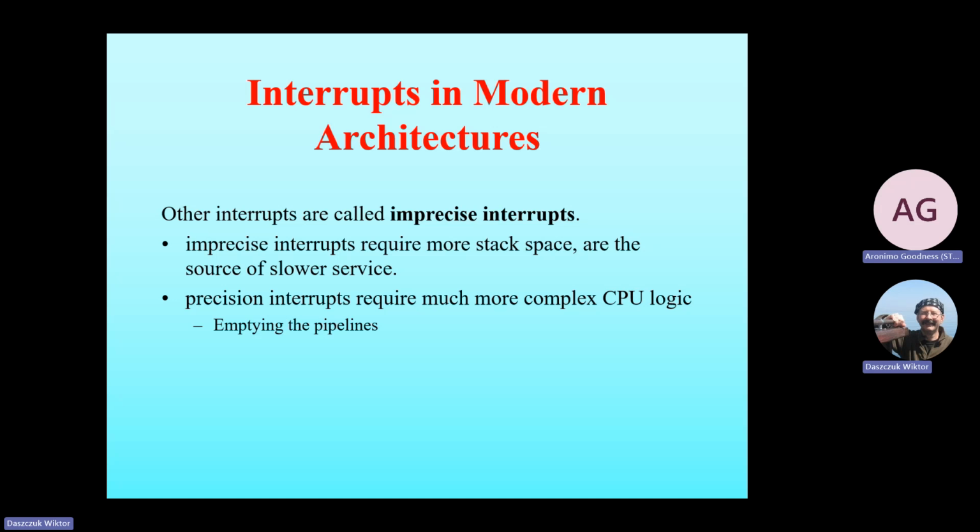For example, they prepared new values that are not yet stored to registers or memory, but the calculation is done. Some of them prepared data for the ALU, the arithmetic logic unit. Some of them are in the process of preparing those data for the ALU, for example, loading data from memory.